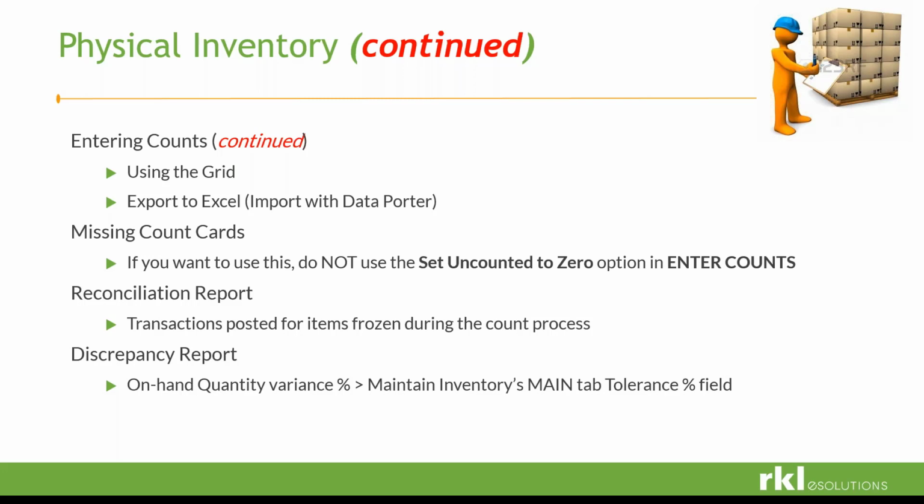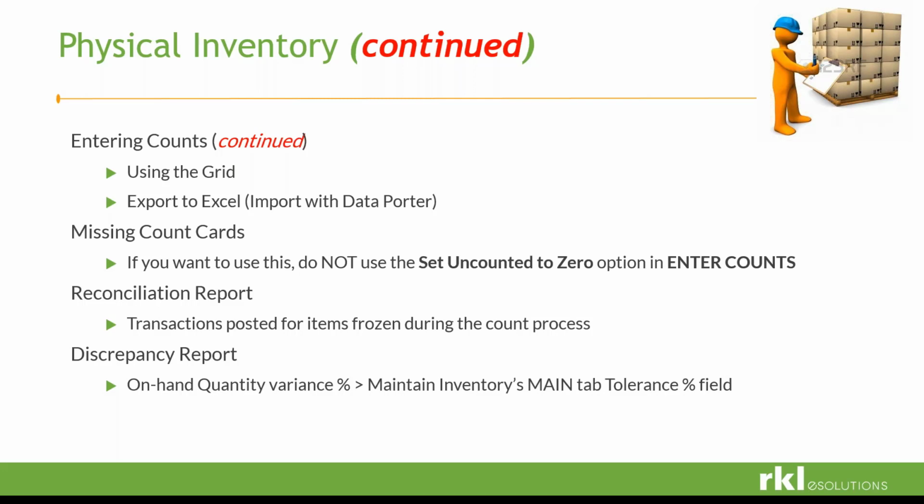And then once the counts are finalized, take that completed Excel sheet back. If you have the Data Porter module, you can then use Data Porter to load the counts from that Excel sheet directly into the 500 task so that you don't have to sit there and beat the keys to enter each of those counts.